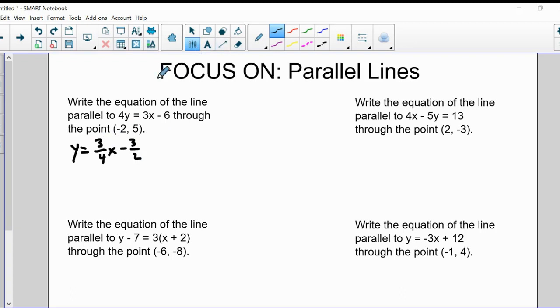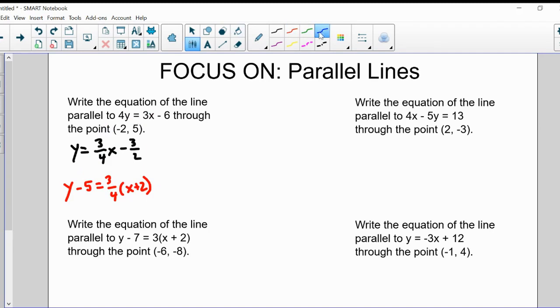If I solved this for y, I can then take this slope and this point and plug it into point slope form, and I'm done. So y minus 5 equals 3/4 times x plus 2.